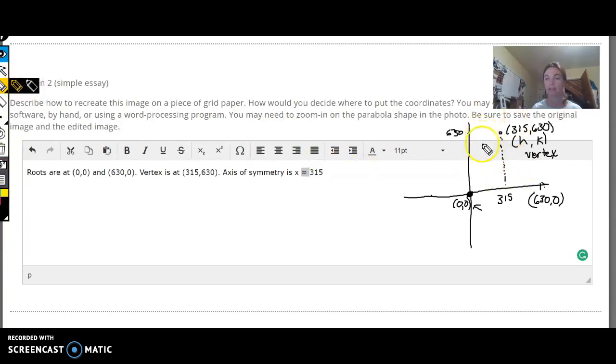So that would be right there. That line is our axis of symmetry. And let me just go ahead. I guess I never fully drew this parabola, so it would look something like that. Okay? Okay, so let's scroll down to question 3.